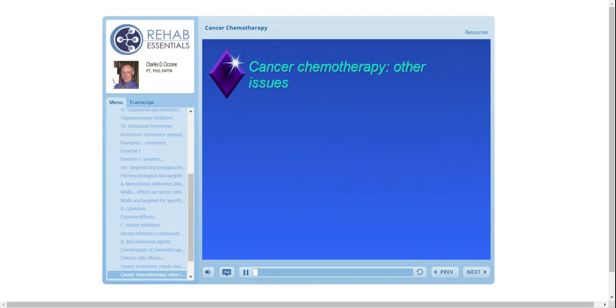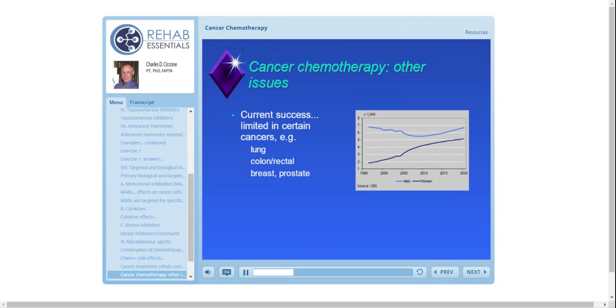Now, some other issues. We do have good success in certain cancers, and we talk about 5-year cure rates and 10-year cure rates. But in certain cancers, especially lung, colorectal cancer, breast cancer in women, prostate cancer in men, the success rate is not as good. This slide shows lung cancer, and this has got a lot of people concerned because lung cancer, if you look at the darker blue line, is clearly on the rise in women.